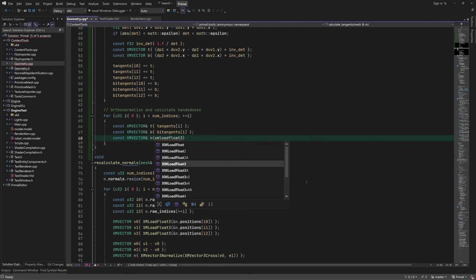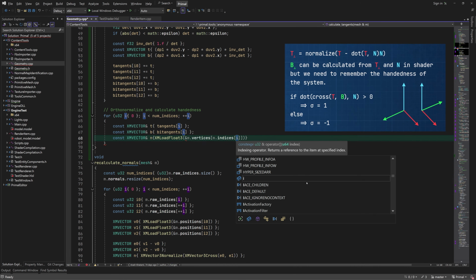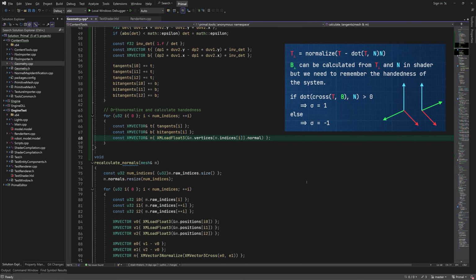As I explained earlier, we can use the rejection of t from the vertex normal to get the component of t that's perpendicular to n.